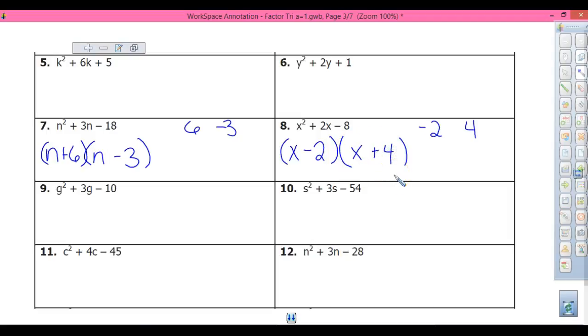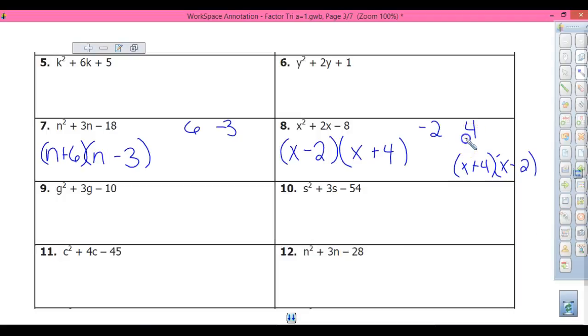Now, would I mark this wrong if you wrote it as x plus 4 and x minus 2? No, because it's a positive 4, I still have a positive 4, and it's a negative 2, I still have a negative 2. So just because they're on different sides of each other, not a big deal.